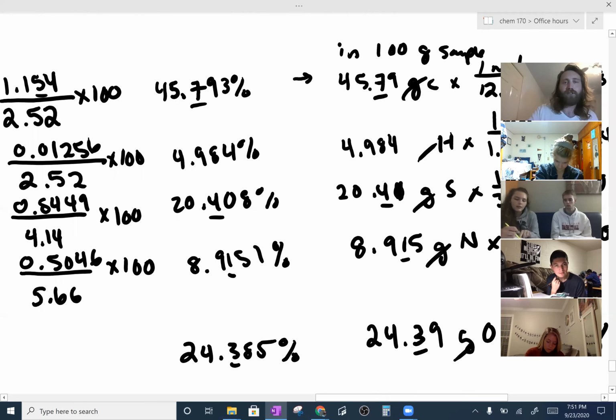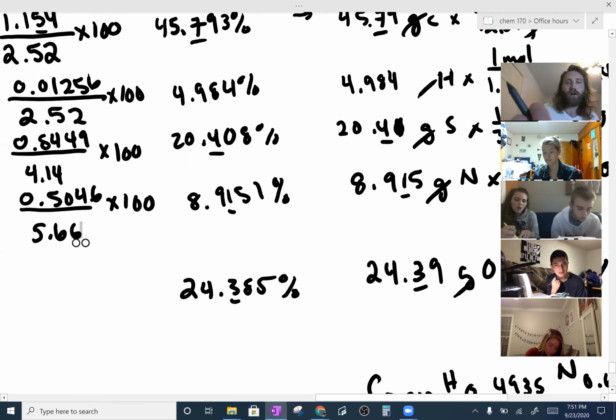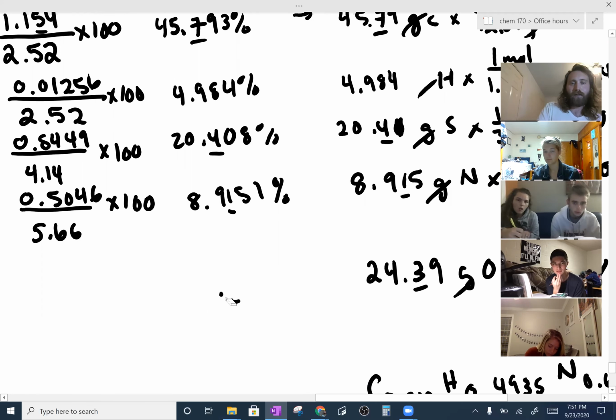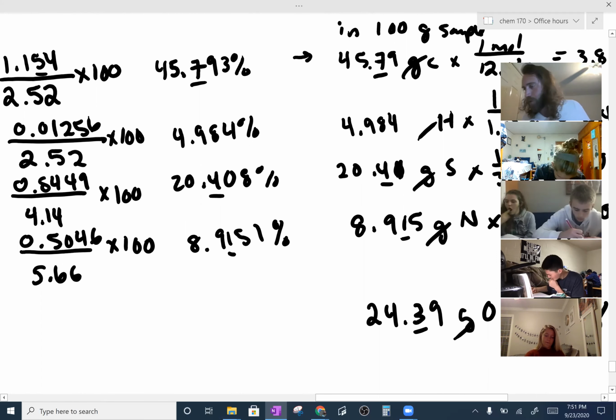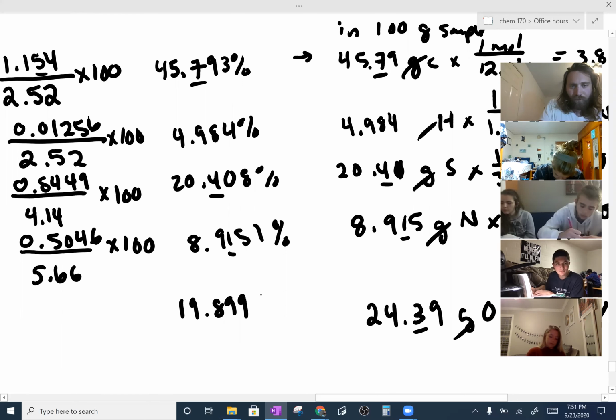That would necessarily change the percentage of oxygen here. So let's recalculate that. That would be 100 minus 45.793 minus 4.984 minus 20.408 minus 8.9151 is 19.89% oxygen.